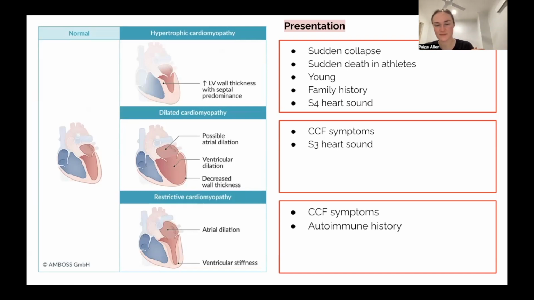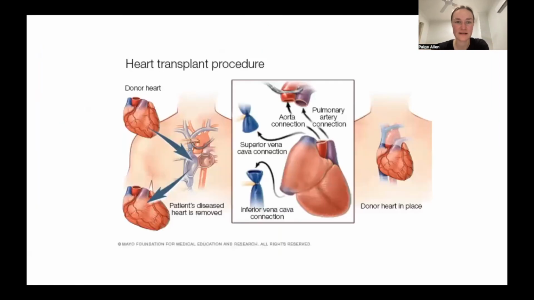Dilated will have symptoms similar to heart failure, and you'll get that S3 heart sound because the blood has to fall like it's going into a glass filling with water, hitting the edges because of that dilated ventricle. And for restrictive, you'll also get heart failure type symptoms because you're getting really poor ventricular contractions, and they're more likely to have an autoimmune history.